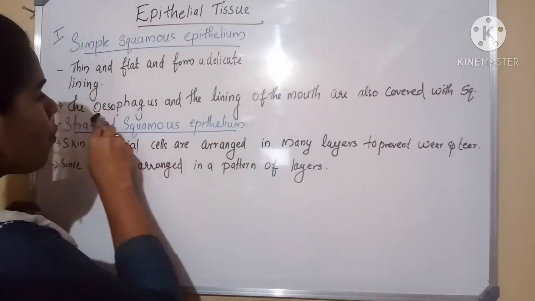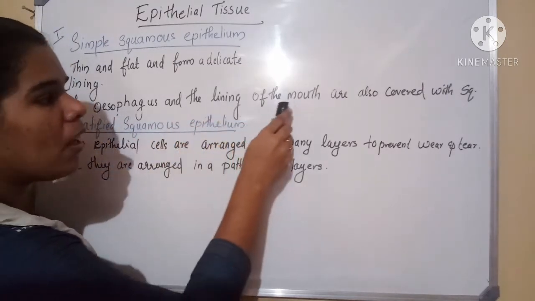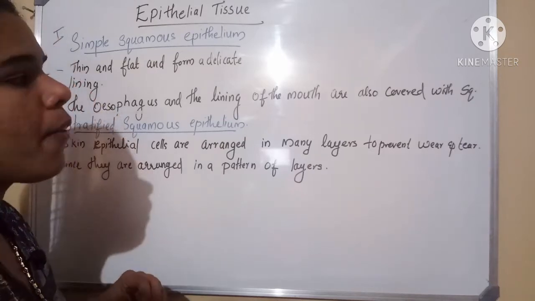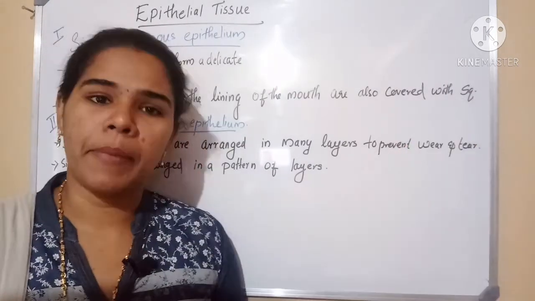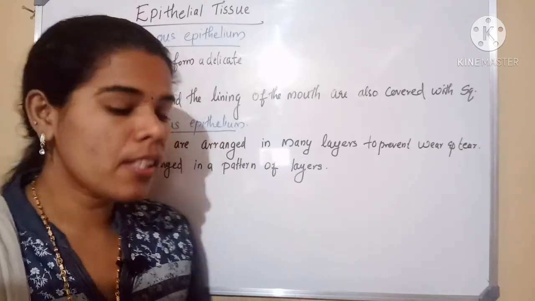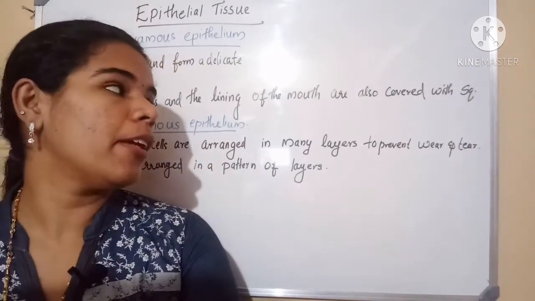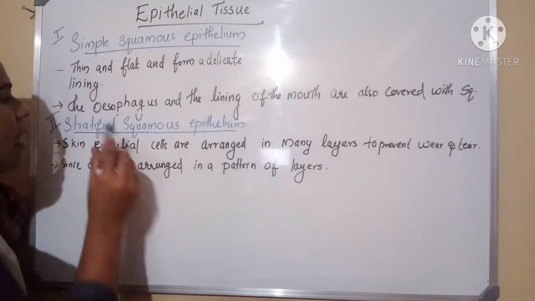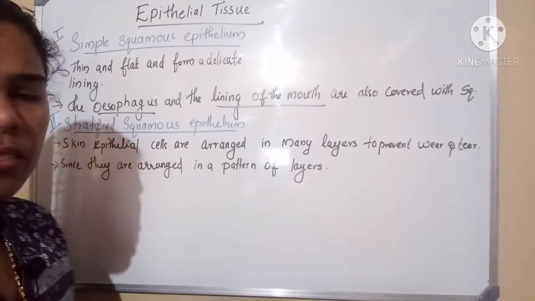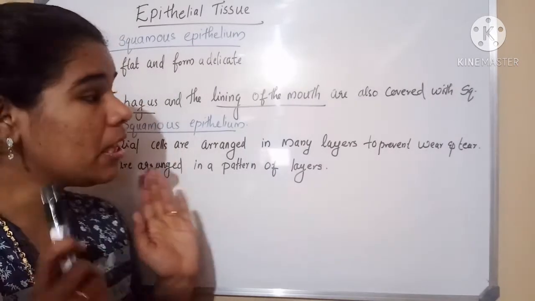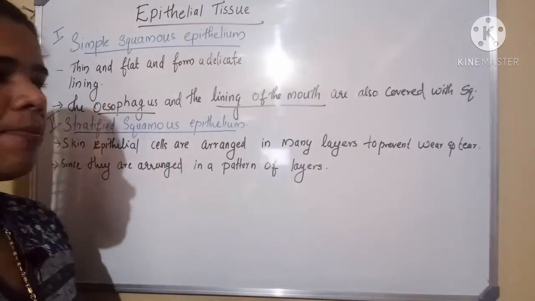The esophagus and the lining of the mouth are covered with simple squamous epithelium. So it is very delicate and flat.